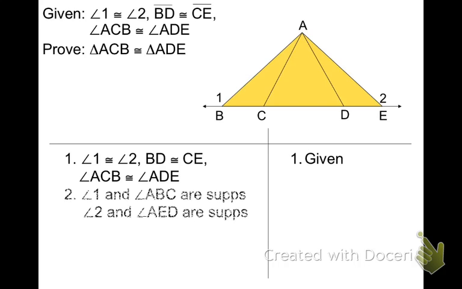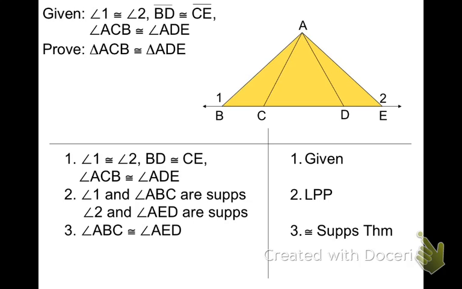Starting with what's given, things are a little bit more complicated because we're given congruence as the exterior angles 1 and 2, but we know the angles ABC and AED, those corner angles of the big triangle, are supplementary to angles 1 and 2, and that's the linear pair postulate. Well, if angles 1 and 2 are congruent based on what's given, angle ABC is supplemental to angle 1, angle AED supplemental to angle 2, and those two angles must be congruent based on congruent supplements theorem.